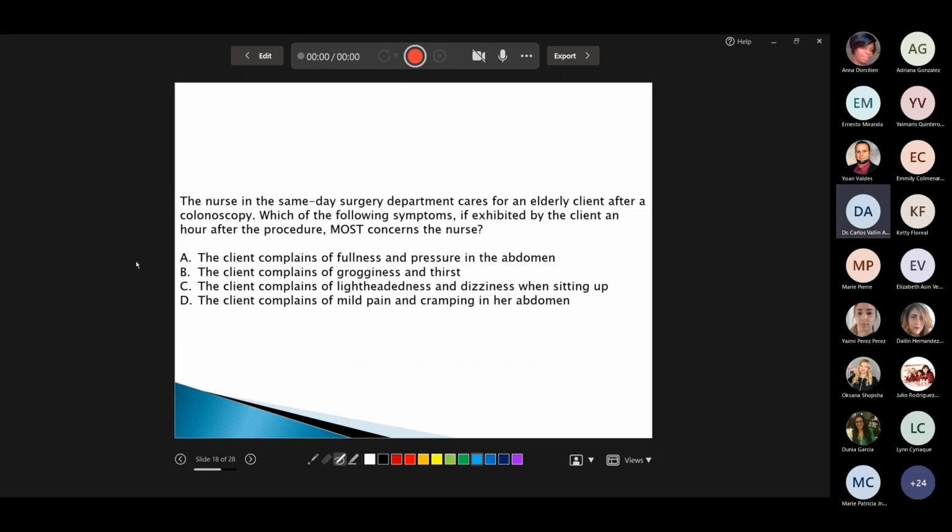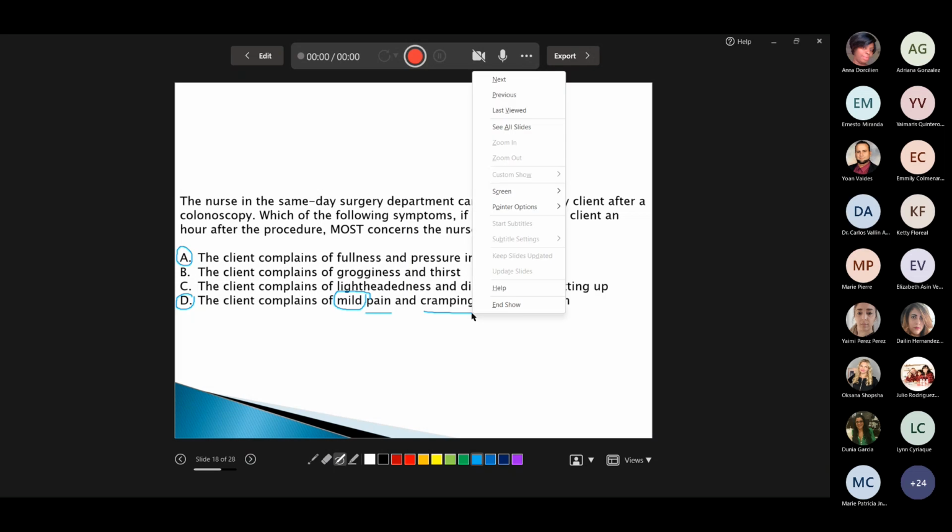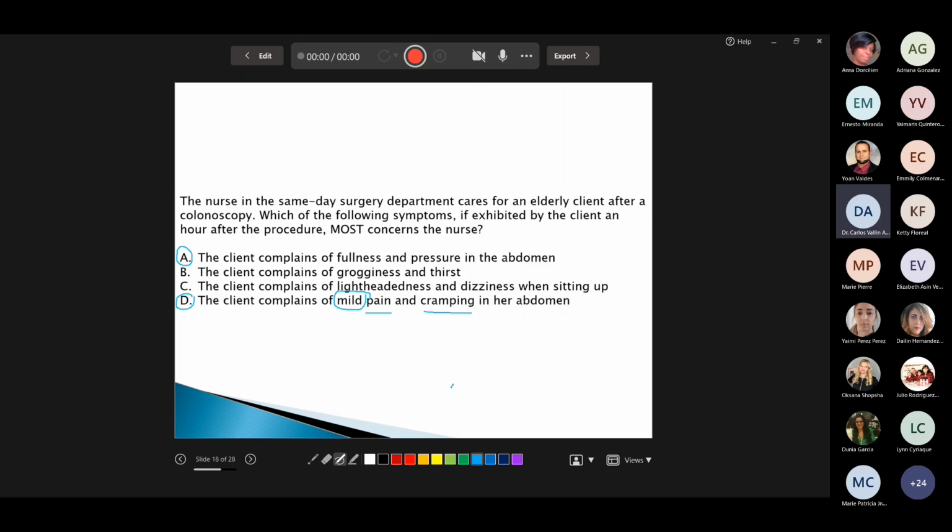D as in dog. Okay, let's analyze that. When they use the words mild pain and cramping in the abdomen, in a person that had a tube introduced into the colon, and when they introduce the tube they need to blow air inside the colon, so now your colon is going to be distended by the gas that was insufflated during the procedure.